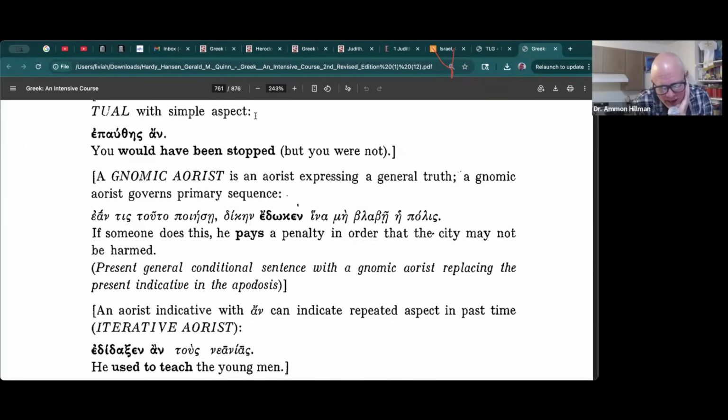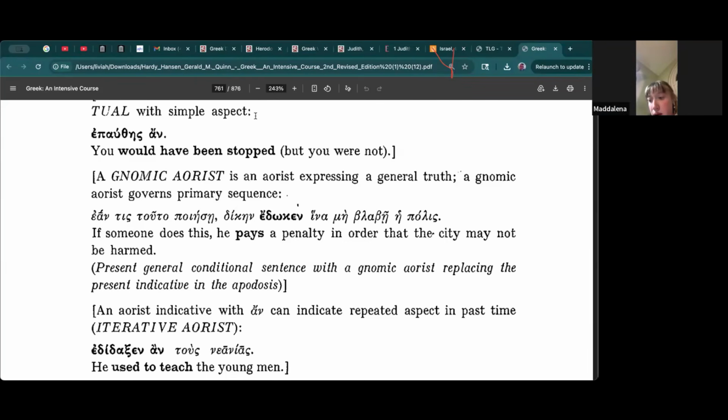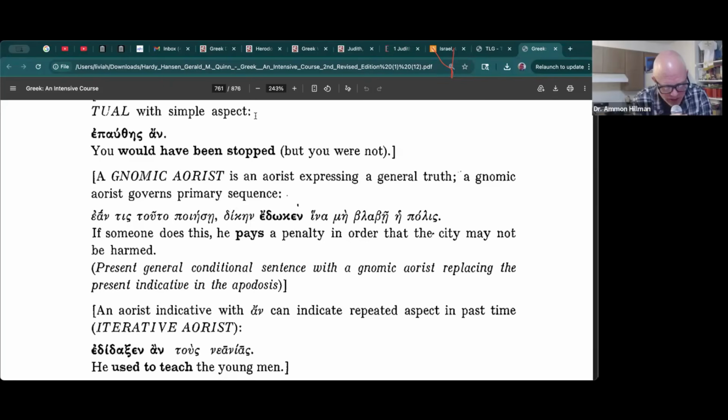Notice how it's he pays the penalty, not he paid the penalty. If you are trying to pilot ancient Greek off of the tenses, you're going to wreck your ship. It's just the way it is. You have to recognize this is a conditional sentence and it's going to have specific rules then.